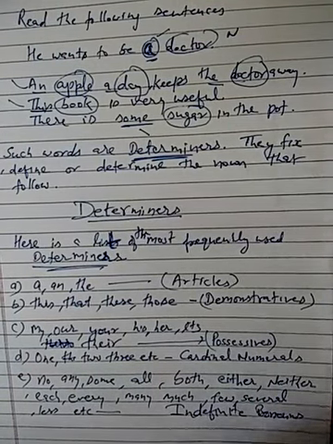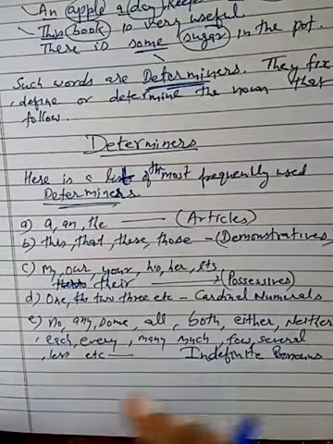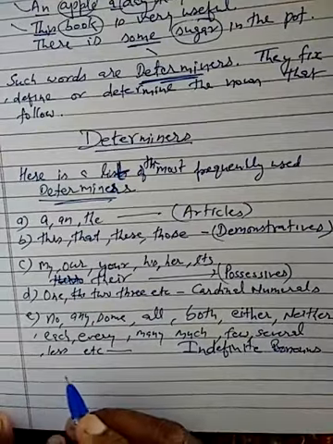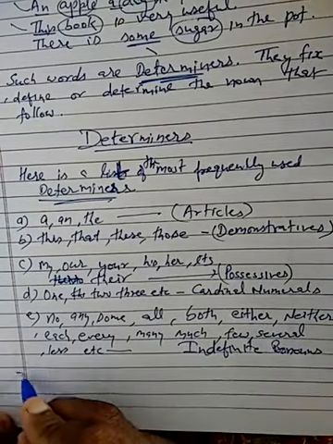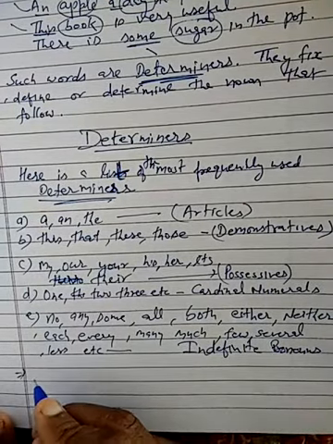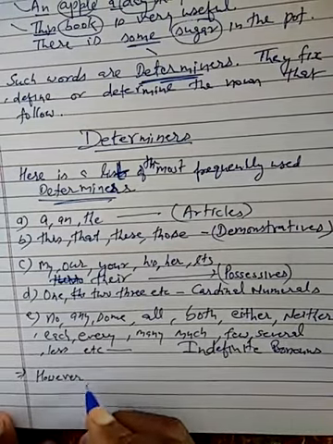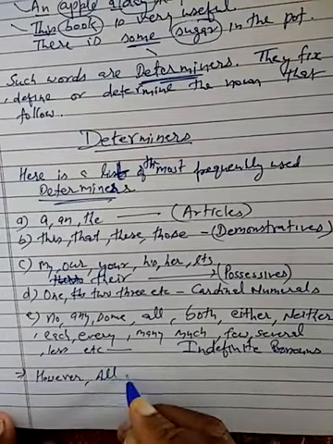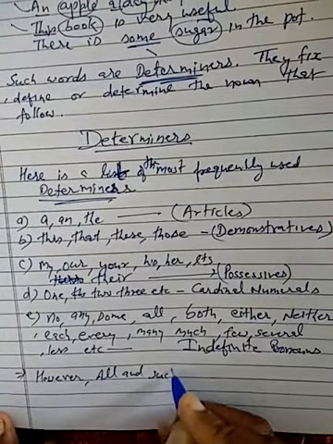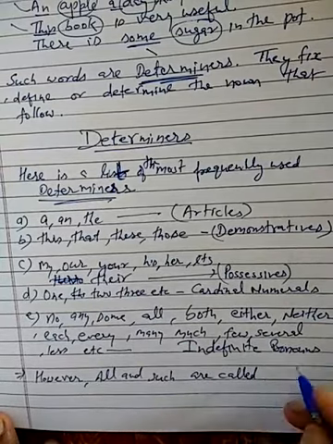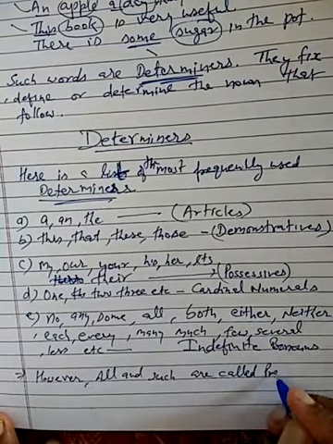Okay, for example, let me write some examples for you. But here, students, let me write a note for you. However, all and such are called predeterminers.